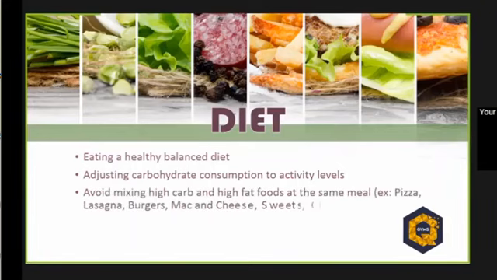The next one, again, we talked about this: high fat foods together with carbs at the same time. So lasagna, burgers, mac and cheese, sweets. Basically anything that tastes very good. Anything that tastes too sweet or too nice is too bad, you know. So with diabetes, you should do your best to stay away from these most of the time.